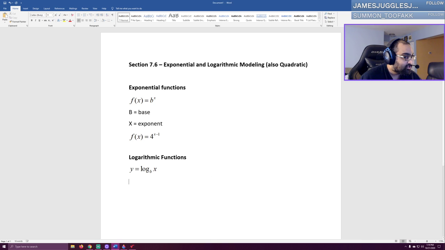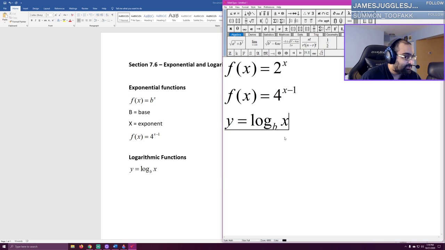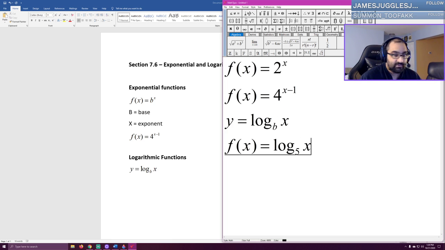So for us, in order to do that here, here's an example of a log function. So a log function could look like this. F of x is equal to log base 5 of x, okay? It could look something like this.